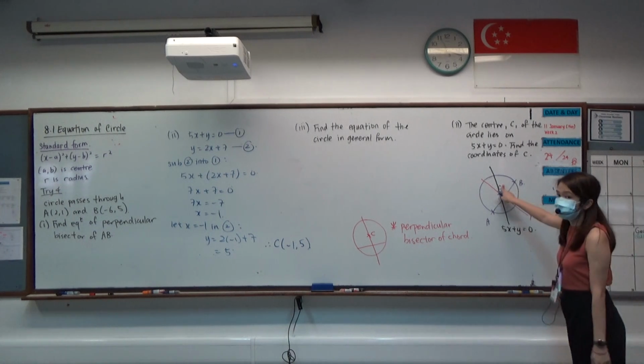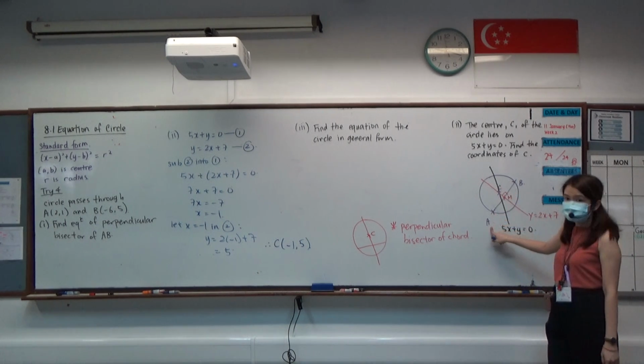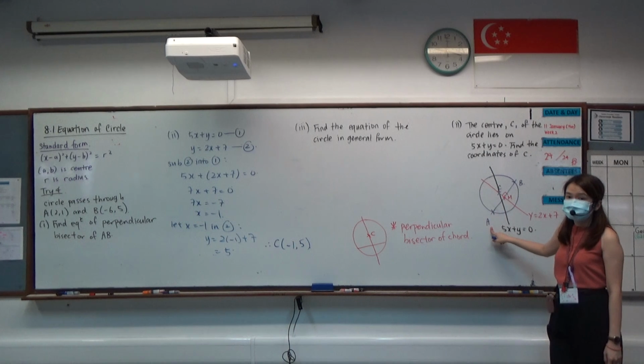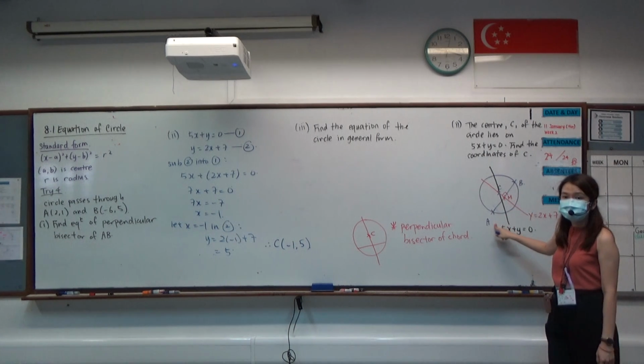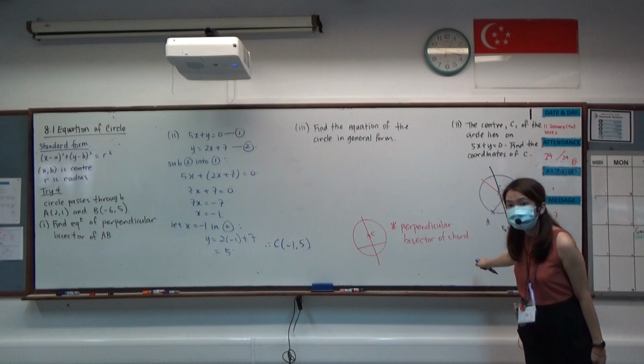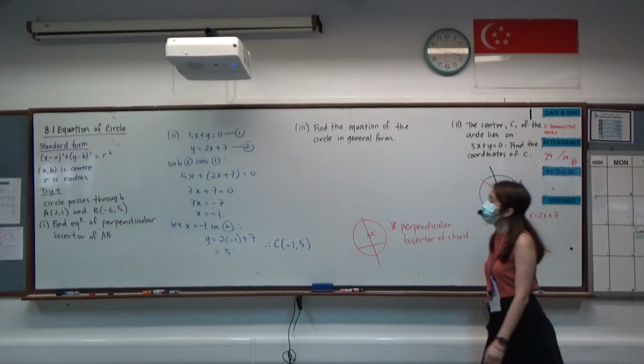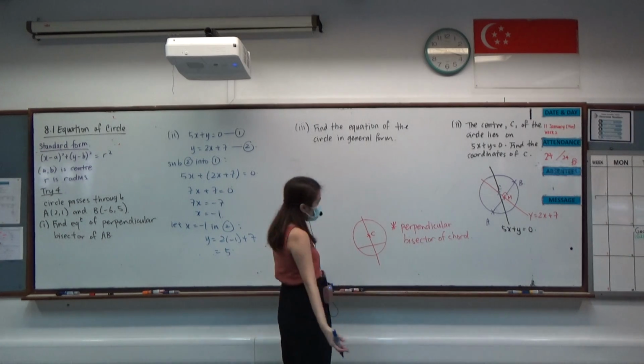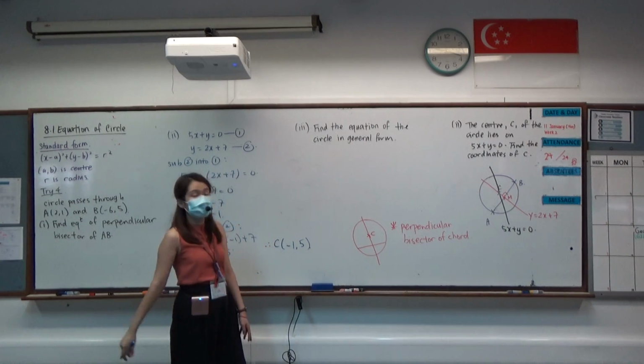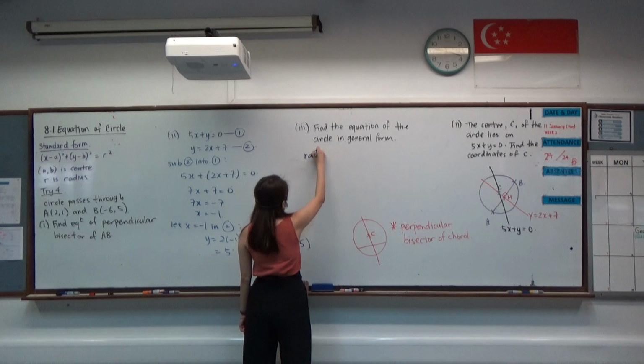We have coordinates of C, right? We have coordinates of A, correct? What is AC? Radius. Can we find the length of AC? Can, right? So we can find the length of AC, or you can also find the length of BC. Up to you. That will actually be the radius.